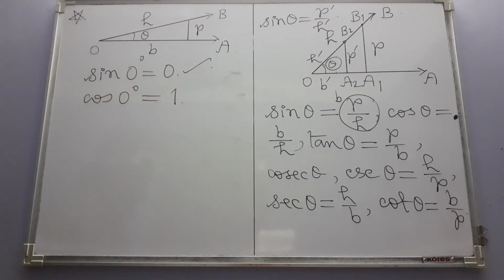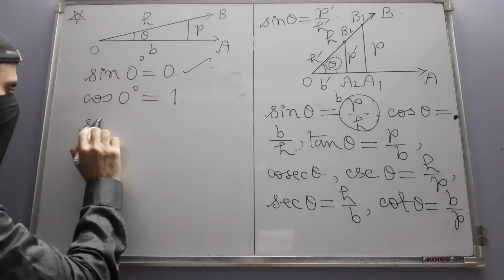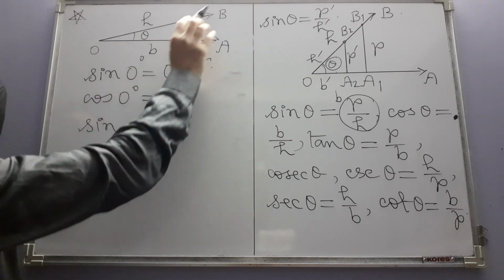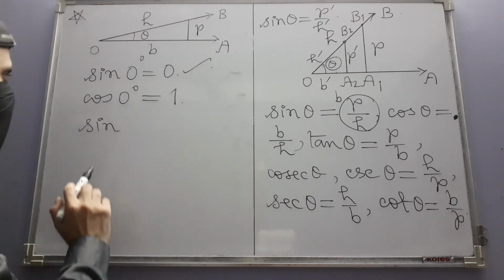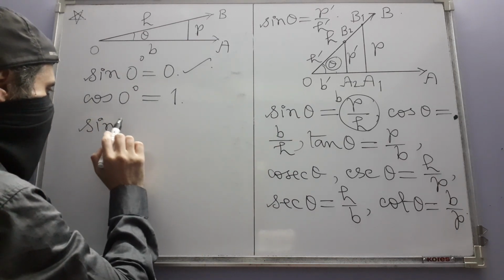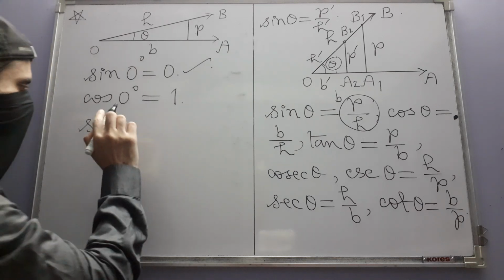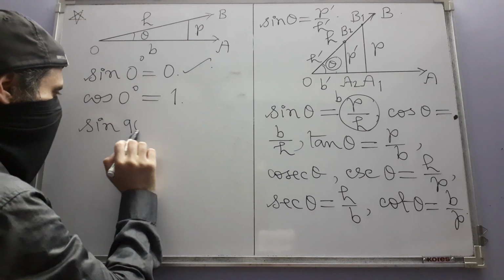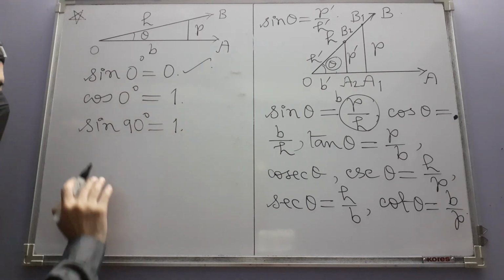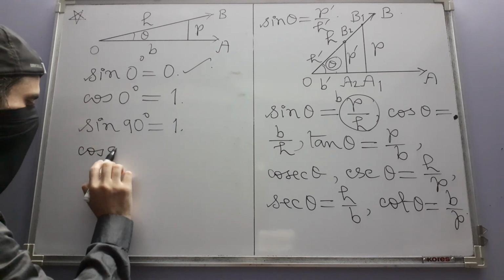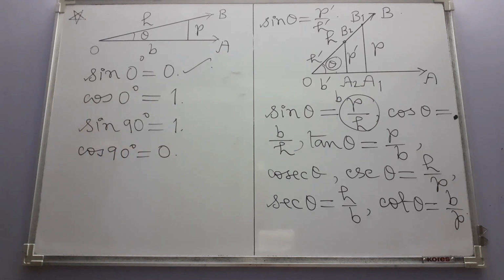In a similar manner, if you draw that other figure where this OB is trying to become perpendicular to OA, you will ultimately convince yourself that sin 90 degree should be defined to be 1 and cos 90 degree should be defined to be equal to 0.